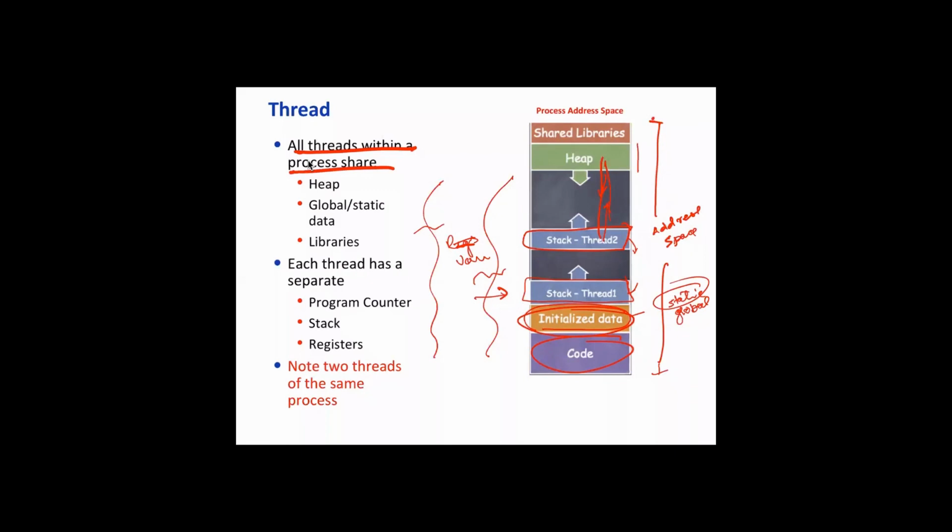We will discuss these things in more detail as we go ahead. Right now, my idea is to give you just the basic concept of what happens in a thread. We are not going into great detail on threads, which we'll do after a few lectures.